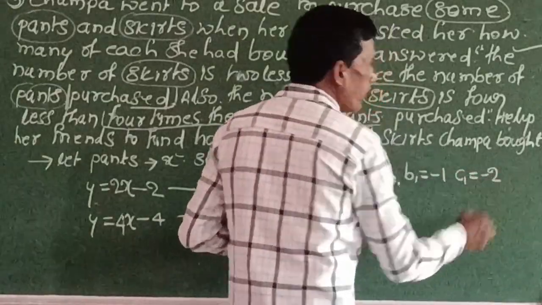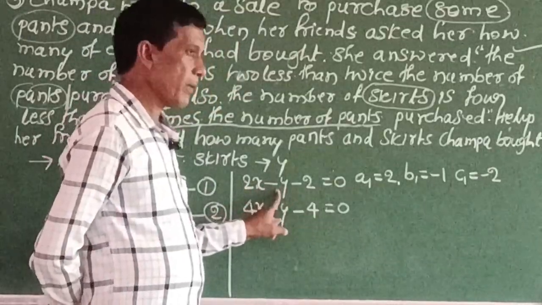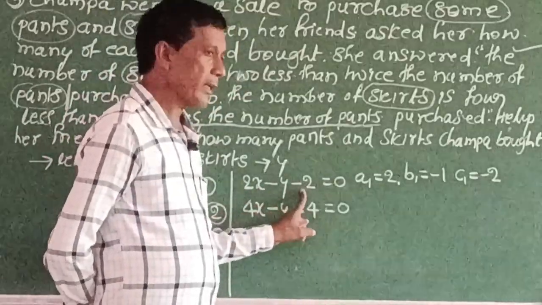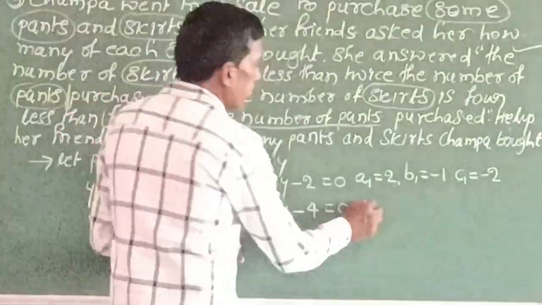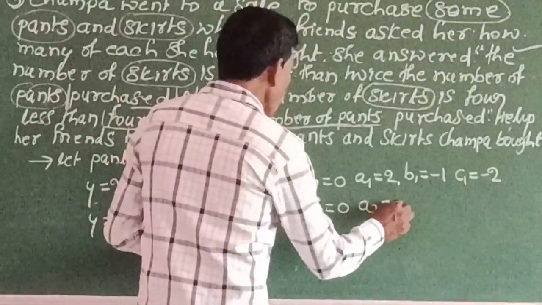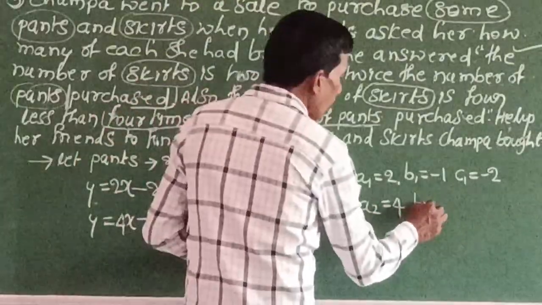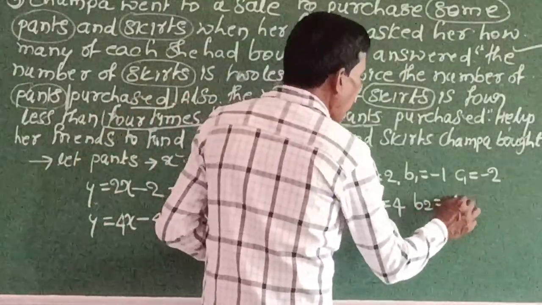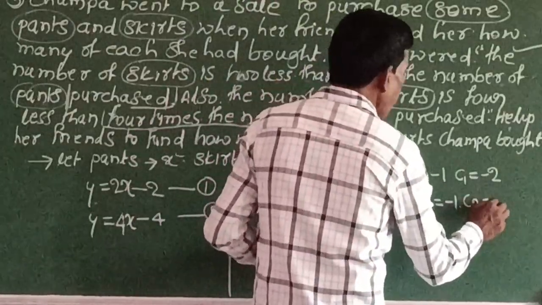That is the first equation. For the second equation, a2 equal to 4 and b2 equal to minus 1 and c2 equal to minus 4.